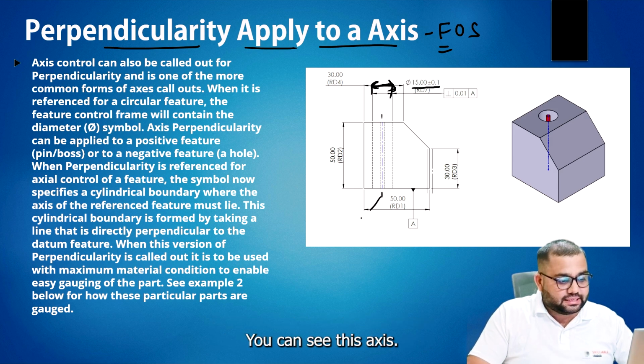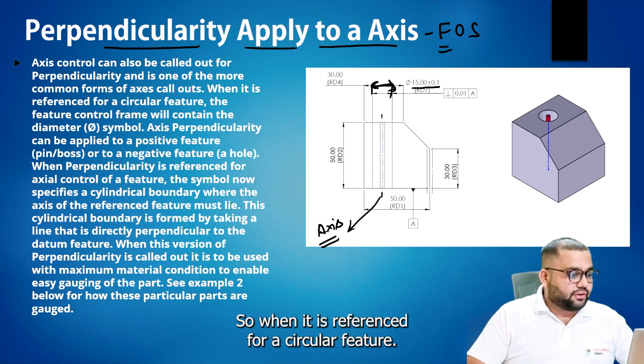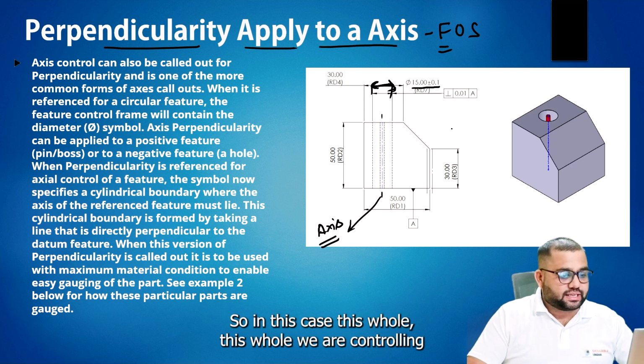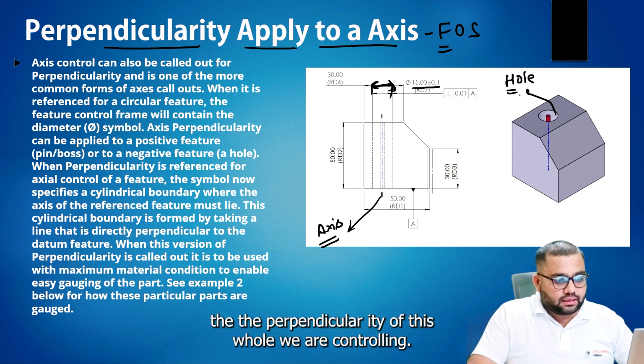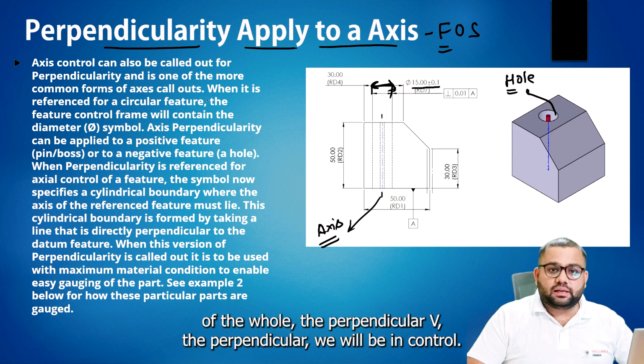You can see this axis, and we are controlling this axis. When it is referenced for a circular feature, in this case this hole, we are controlling the perpendicularity of this hole. As we control the axis of the hole, the perpendicularity will be in control.